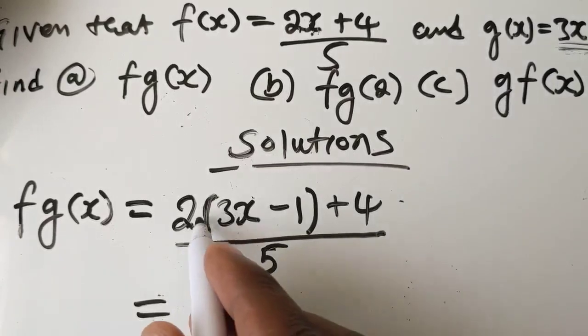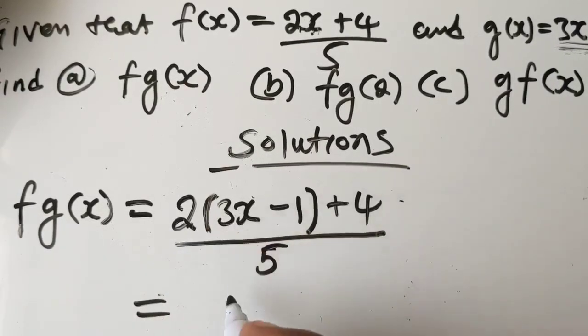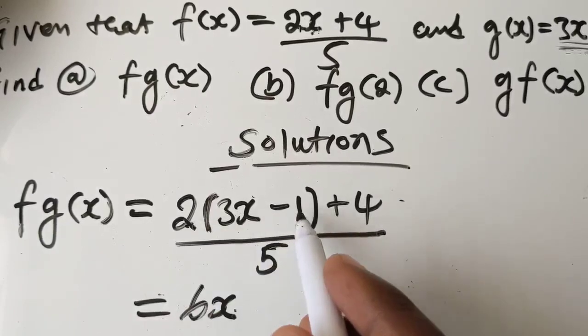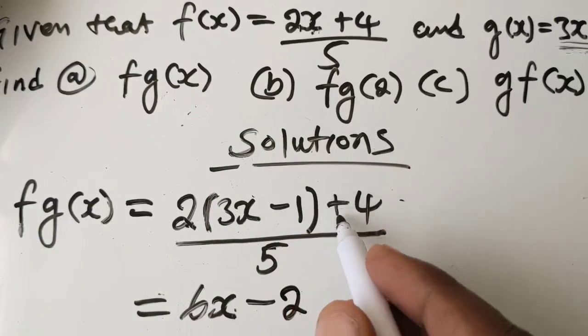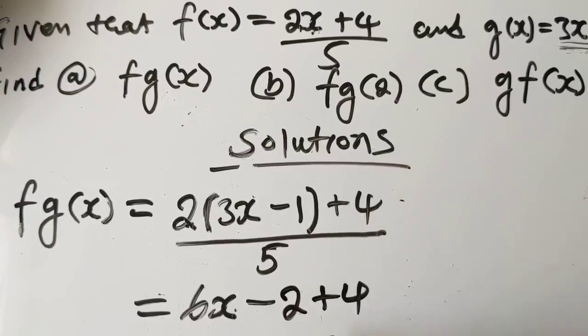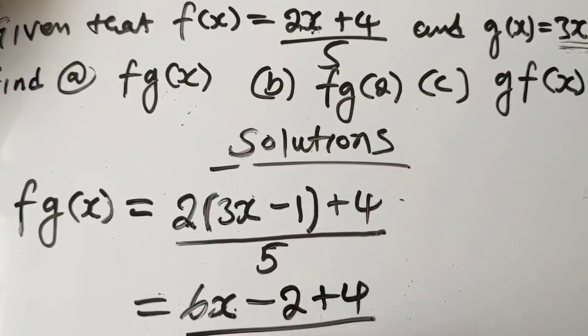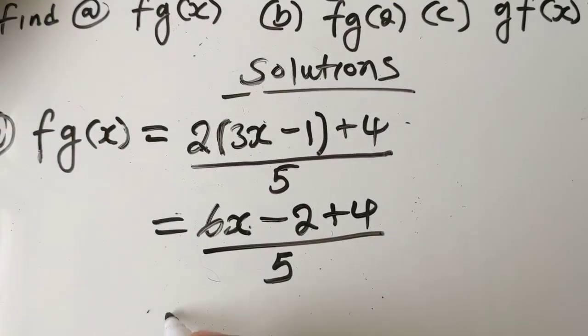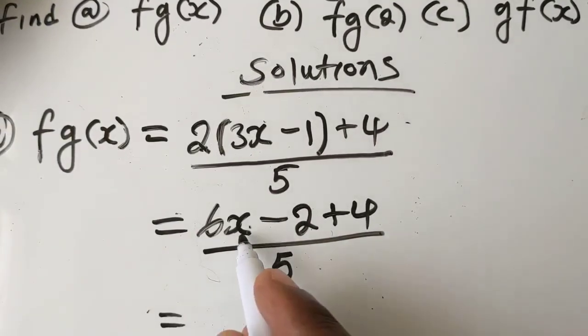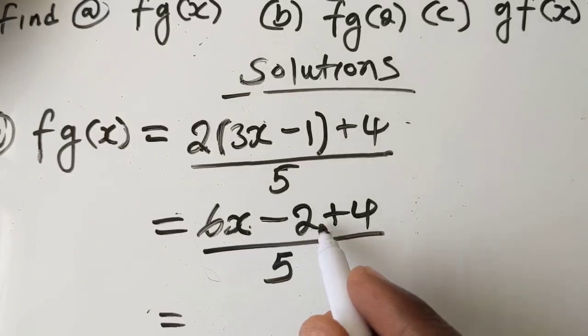So we multiply 2 by everything: 2 times 3x is 6x. Then 2 times -1 is -2. Then here it's plus 4, divided by 5.